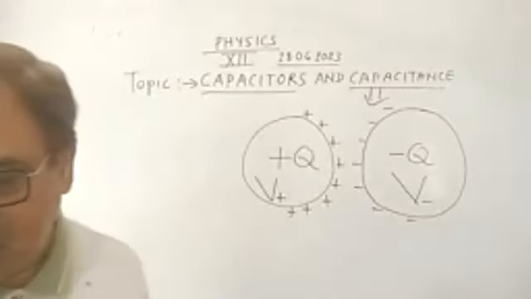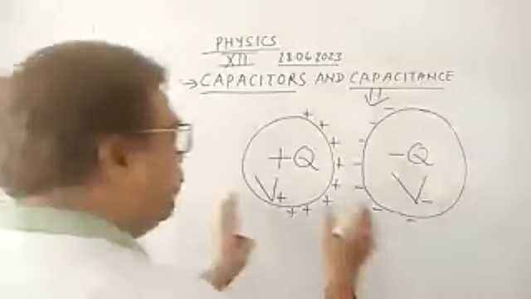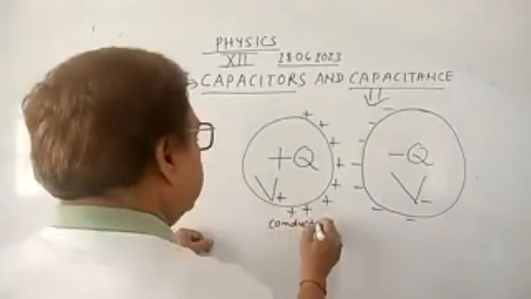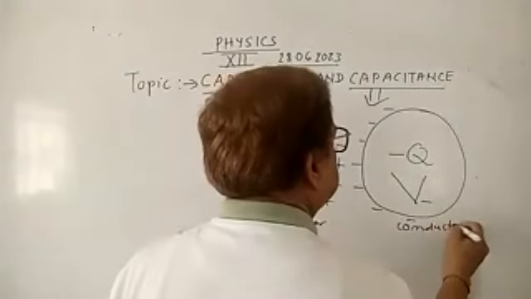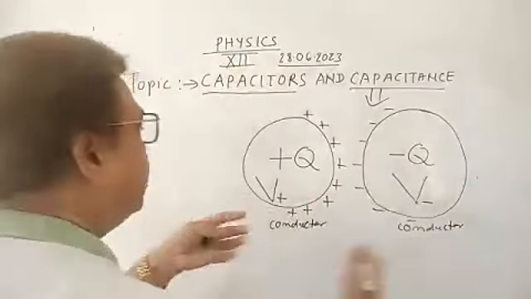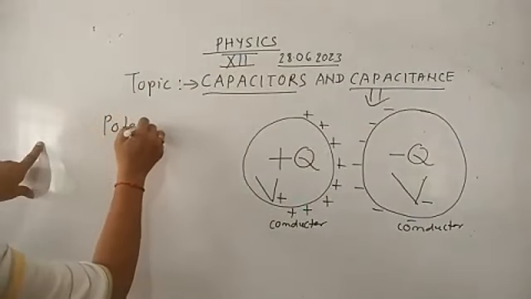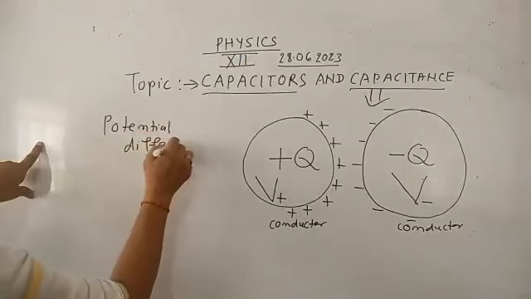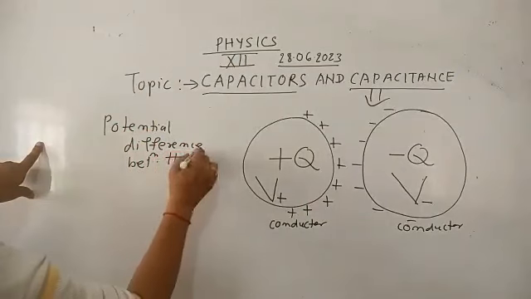So for the two conductors, the left conductor and the right conductor, first of all we will decide the potential difference between the two conductors.